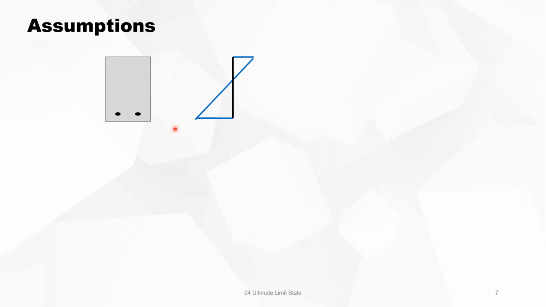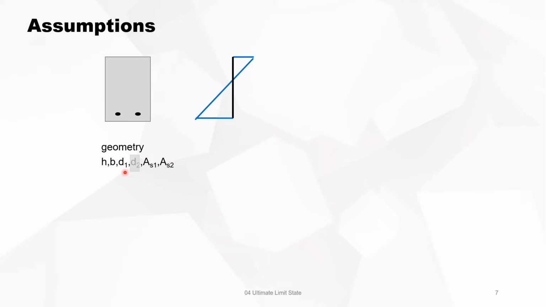Let's see what's happening in a section. If you have a rectangular section, and you have tension reinforcement in it, then you have as parameters the geometry, the height, the width, the point of gravity of the tension reinforcement, and in principle also the point of gravity of the compression reinforcement.